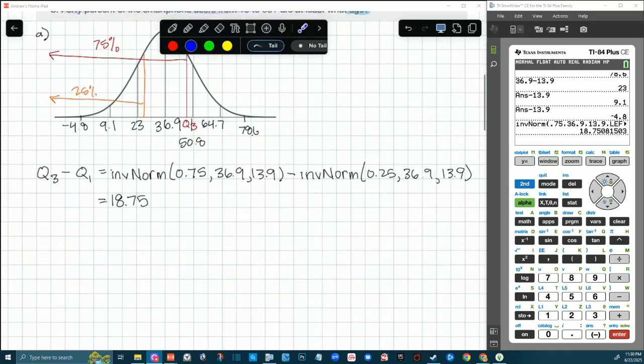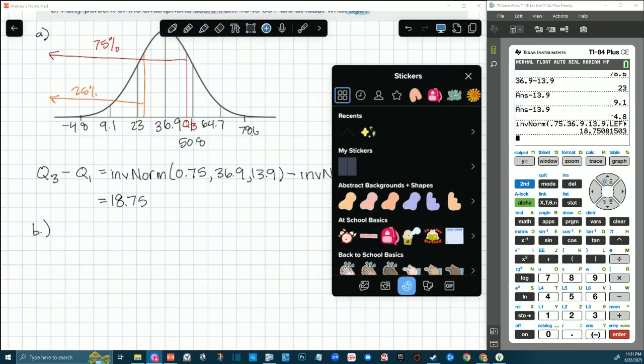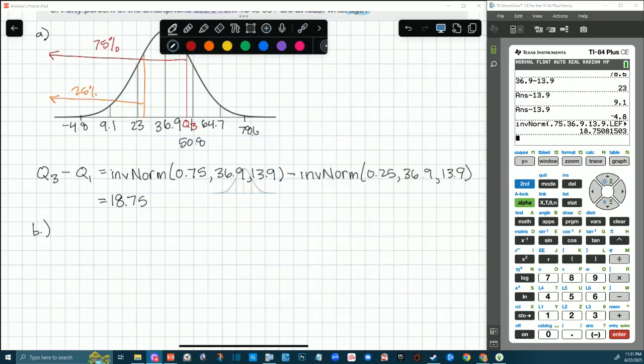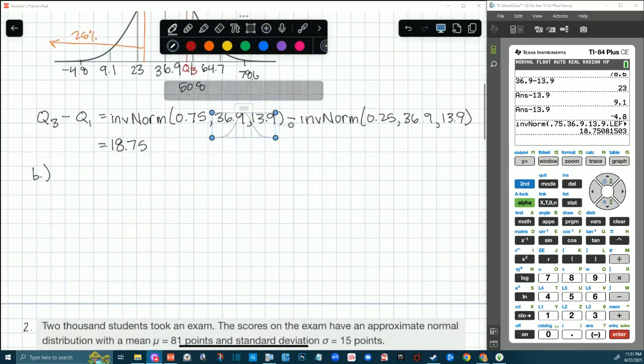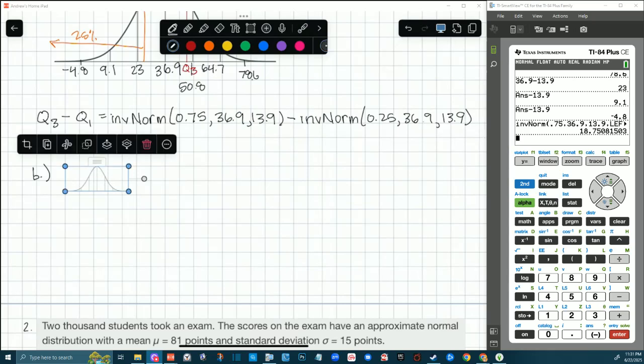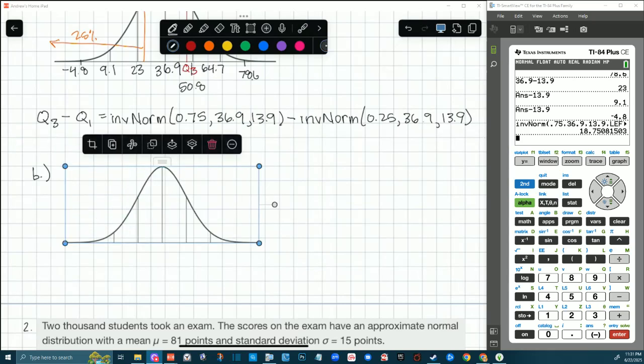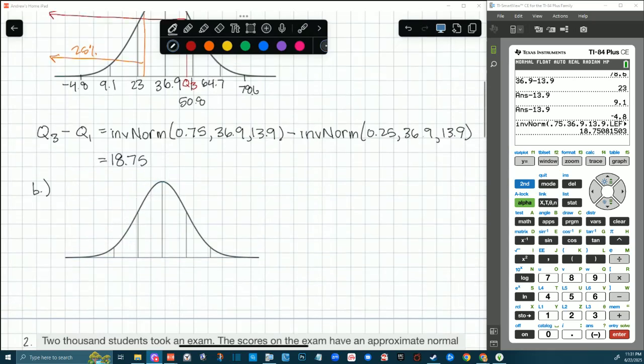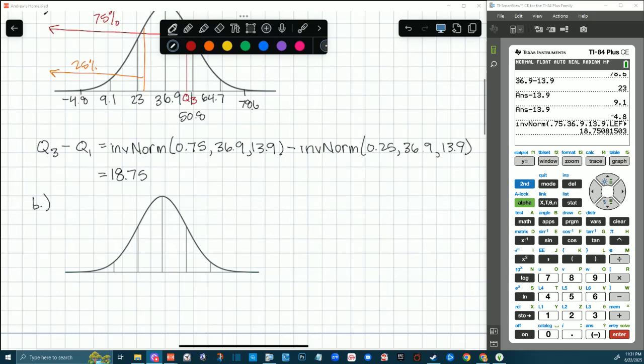So this question for B is a right tail question. So when we go to draw our picture, that 40% tail is going to go in the right side of the picture. So we know what those numbers are. We have them from the previous picture.